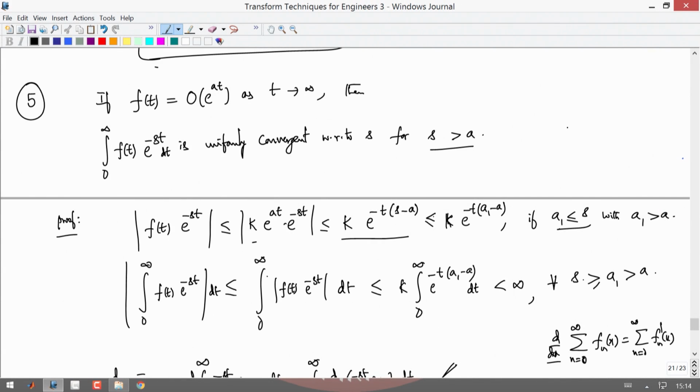You have also seen that if the Laplace transform is a uniformly convergent integral, bounded by some number independent of s, then you can do term by term differentiation and integration. You can take the derivative inside the integral, and when integrating you can take that integral inside the integral of the Laplace transform. These are the properties we had so far.